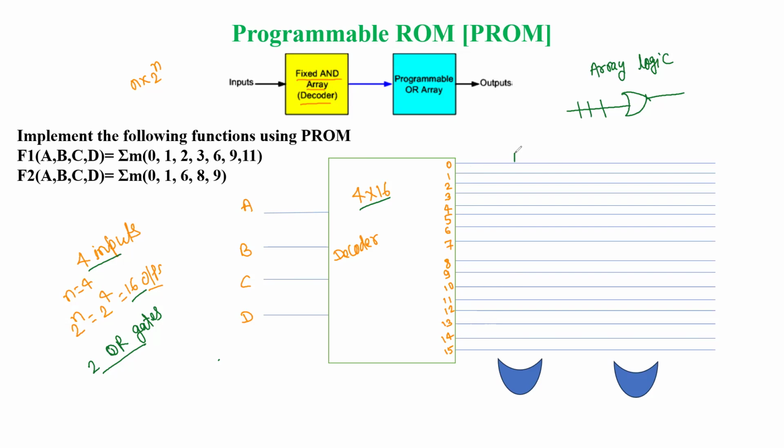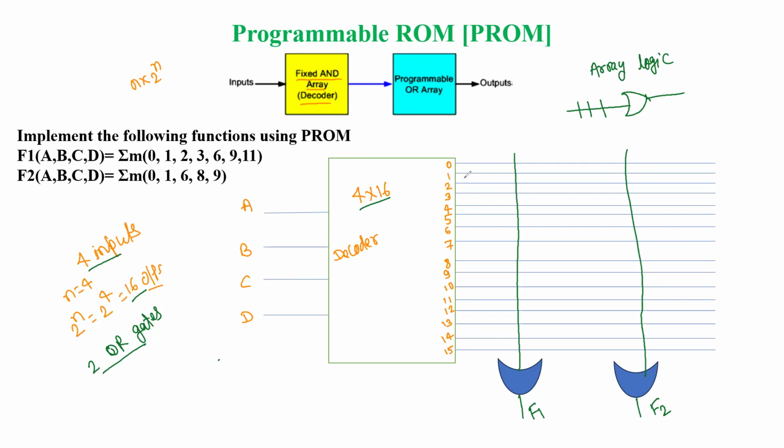We give the connection to the OR gate here. One OR gate will give the output, that will be the function F1. Another OR gate is going to give the output, that function will be F2.